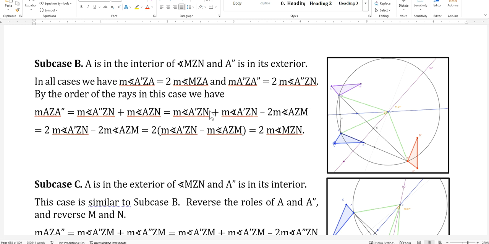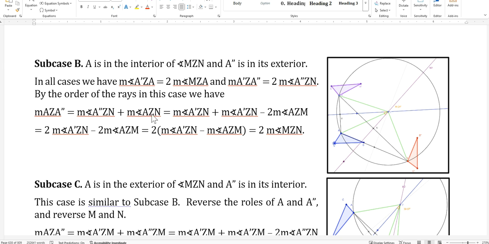But we also want to look at this, how we go from there. Okay, so now A prime Zn, A double prime Zn from here to here is the same as A prime Zn. So I can replace that with that one.